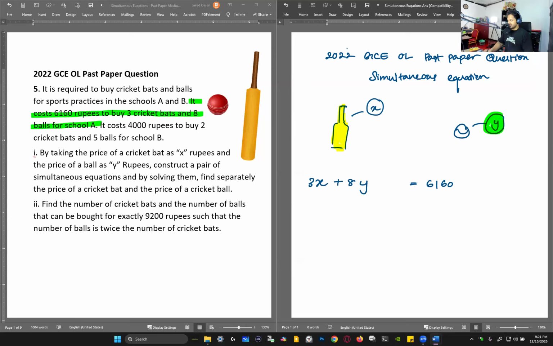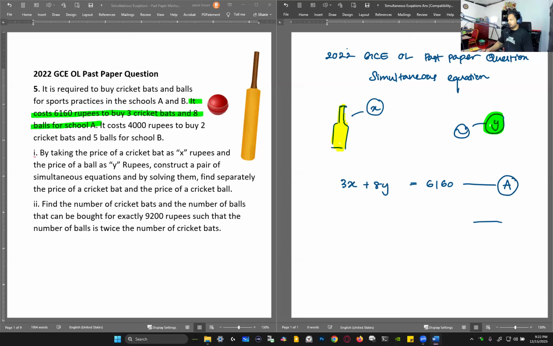So 3x plus 8y equals 6,160. I will call this equation A. I am naming the equation. Okay?